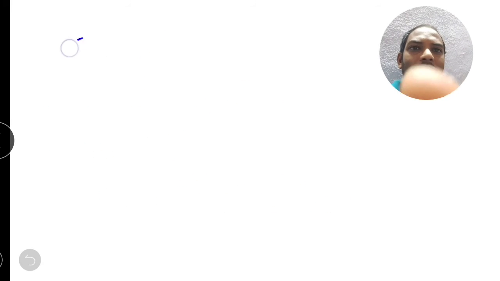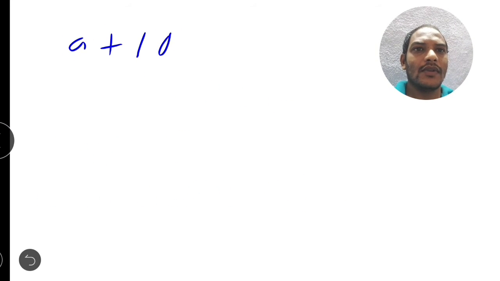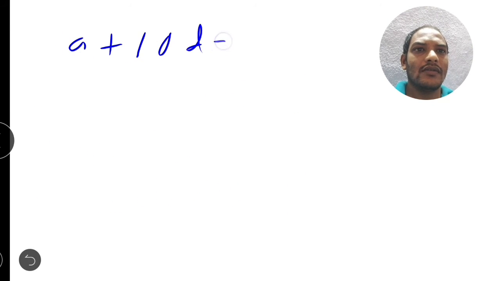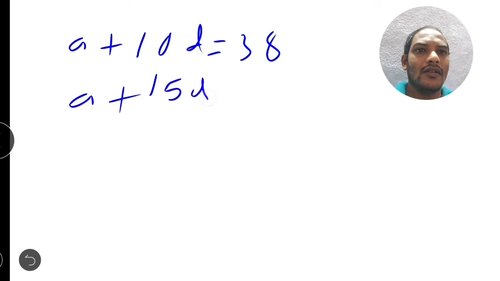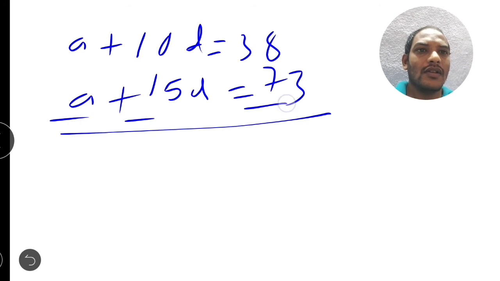Use the elimination method. So a plus 10d equals 38, next to a plus 15d equals 73. Now change the symbols. All are positive, so when you change them, all will come negative.